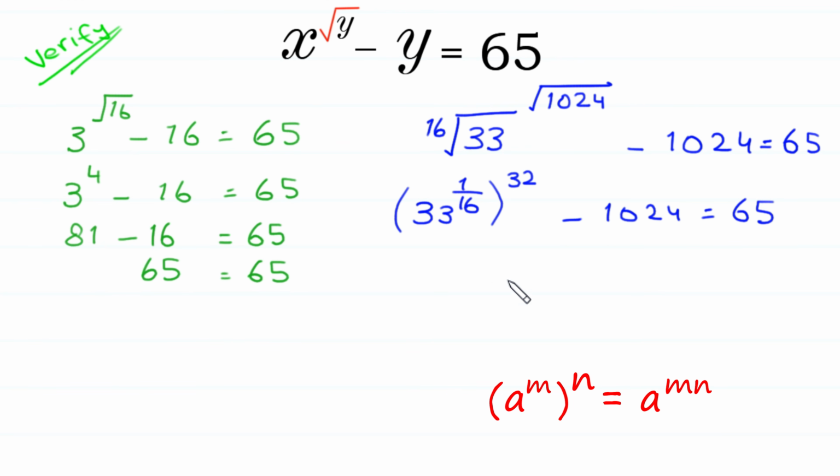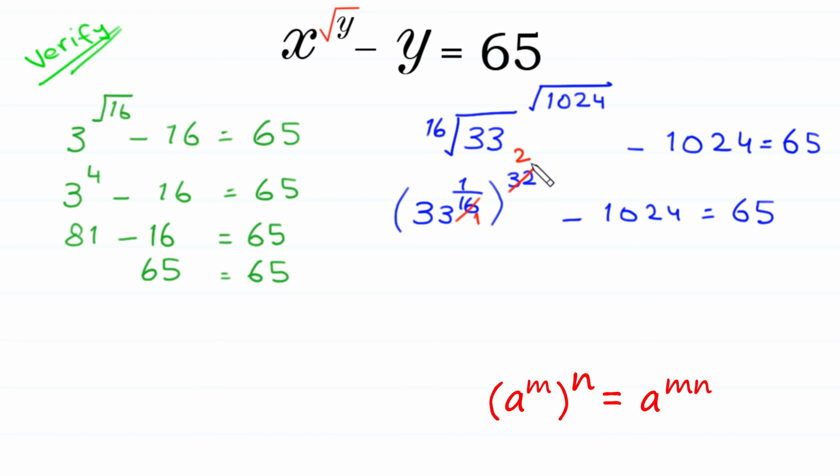Next, according to the property of exponents, a to the power m, whole to the power n, is equal to a to the power m times n. This power 1 over 16 will be multiplied by this power 32. 16 one time is 16 and 16 two times is 32.